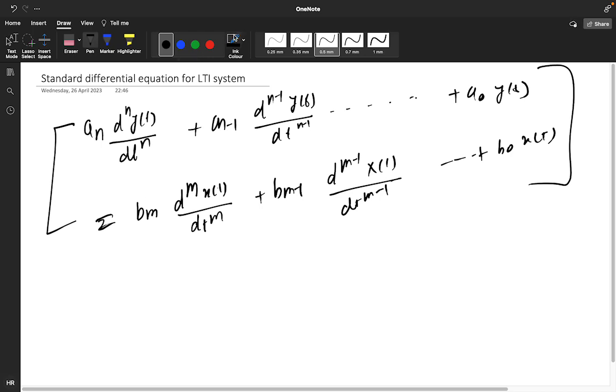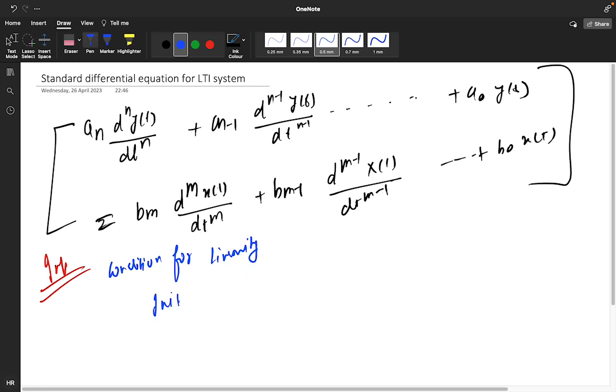Some important points, write them down. Condition for linearity. What is the condition for linearity? As we already discussed, the initial condition of the system should be 0.